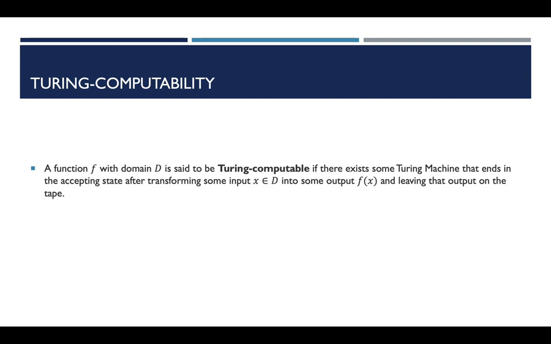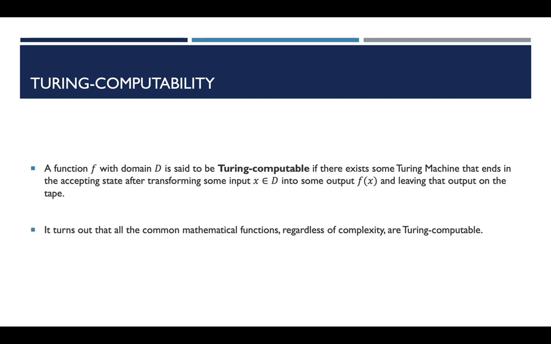So effectively what this means is I have a Turing machine that for that function goes through all of these intermediate steps to transform the input, or some element of the domain, into some element of the range of that function before reaching an accepting state in the control unit.